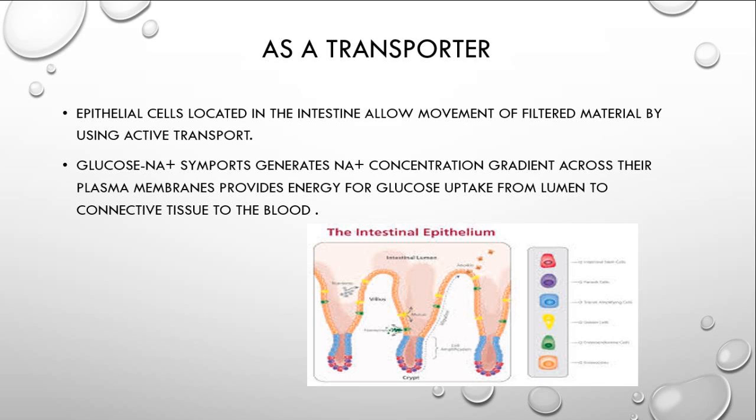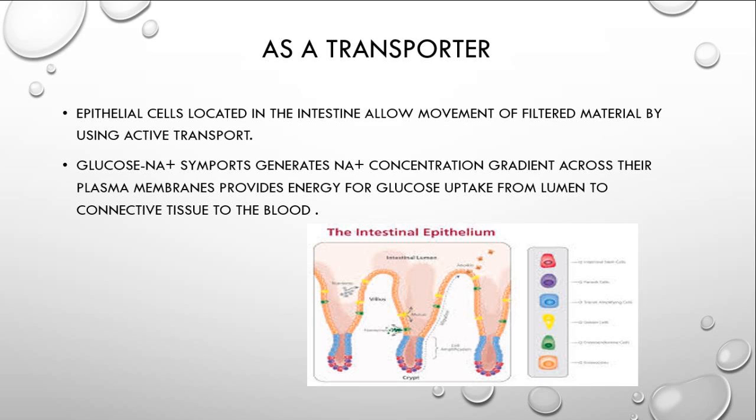And then when it reaches connective tissue, it goes straight into the blood. So the intestinal epithelium is used to move organic material necessary for human development or the building of our systems, and epithelial cells are very useful.